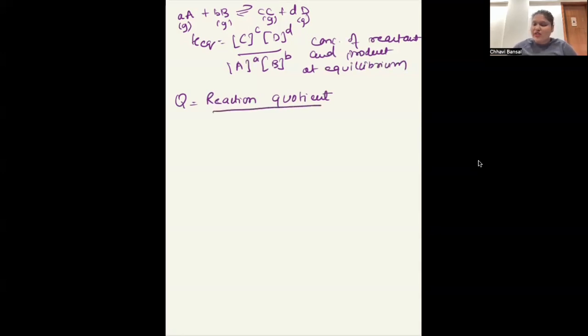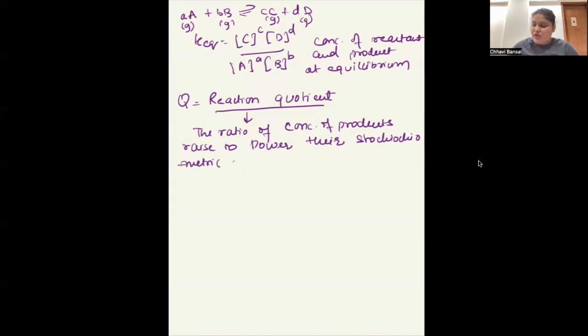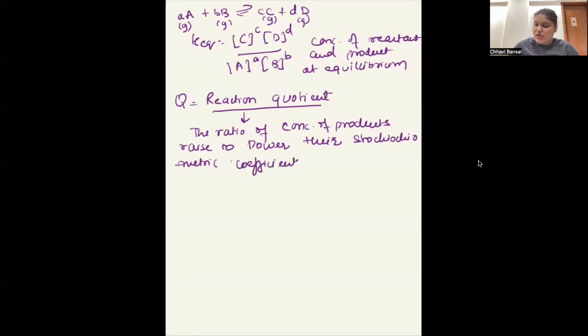So this reaction quotient is the ratio of the concentration of products raised to the power of their stoichiometric coefficients divided by the concentration of reactants raised to the power of their stoichiometric coefficients. Okay, now you will ask me what is the difference.